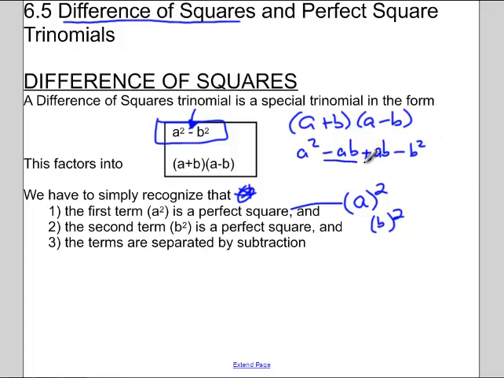Then we have to combine the like terms. Minus ab plus ab would be 0, so these cancel out, and we get a squared minus b squared as our final product. And so this makes us realize that when we FOIL this out, we get these two factors combined together when multiplied to give us this product. So when you see this product, there's our factorization.